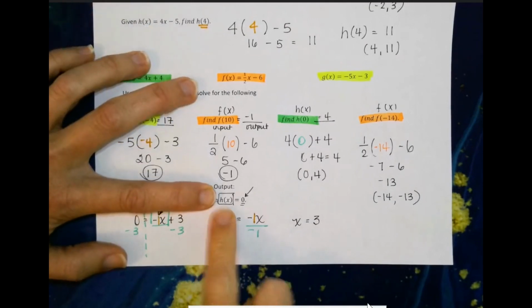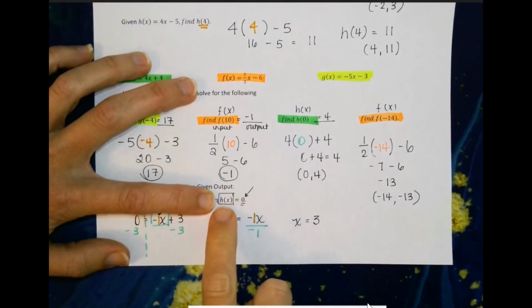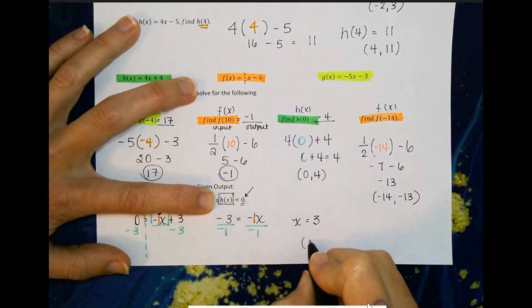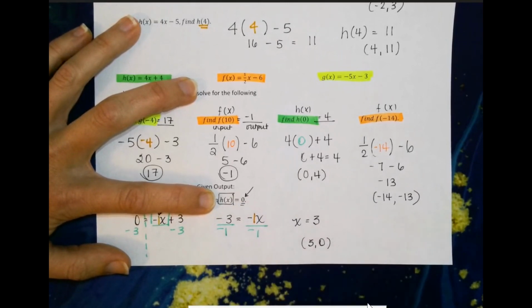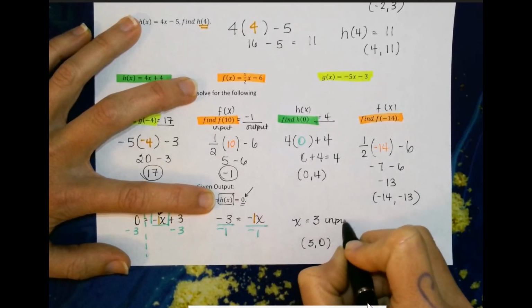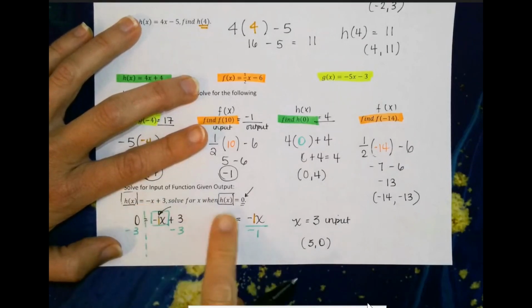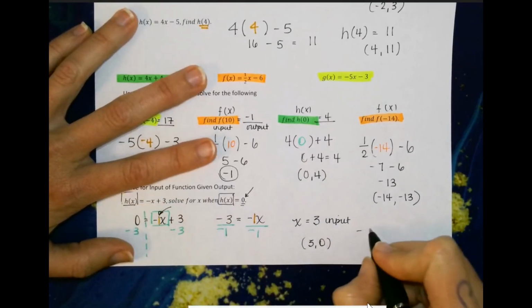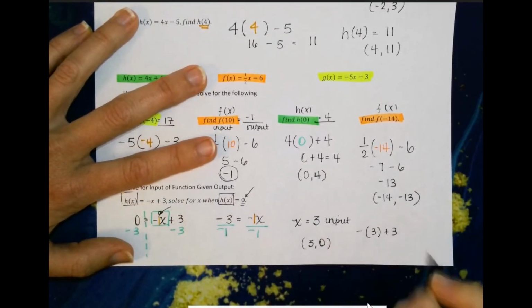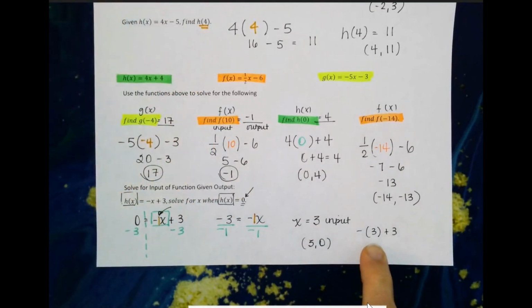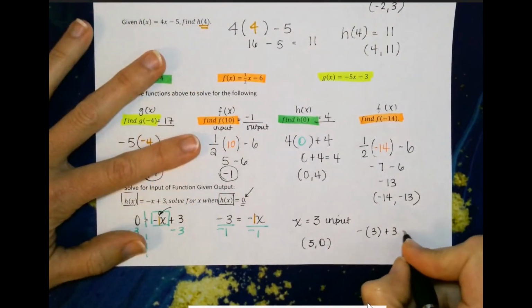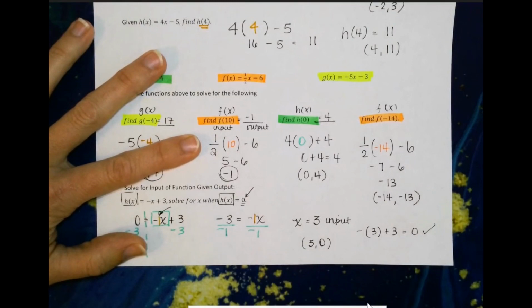So again, this is saying what is x when y is 0. So as a coordinate, that means 3, 0. This is my input. When I put a 3 into this equation, I should get out a 0. You can check it if you want. Plug it in. Negative 3 plus positive 3 does indeed give me 0. So we're rocking and rolling, and we did it right.